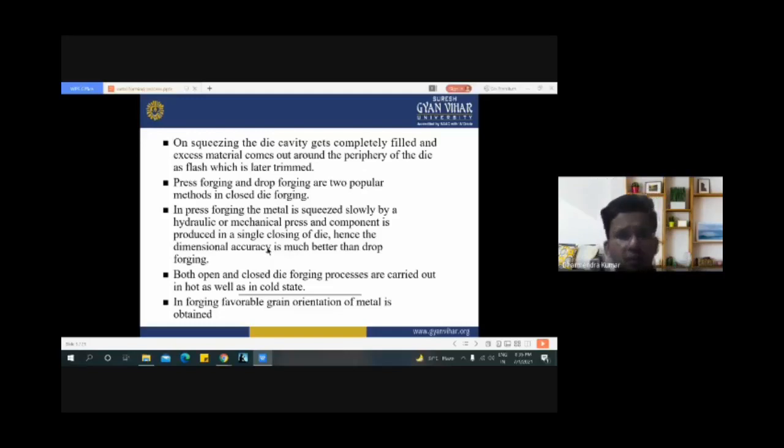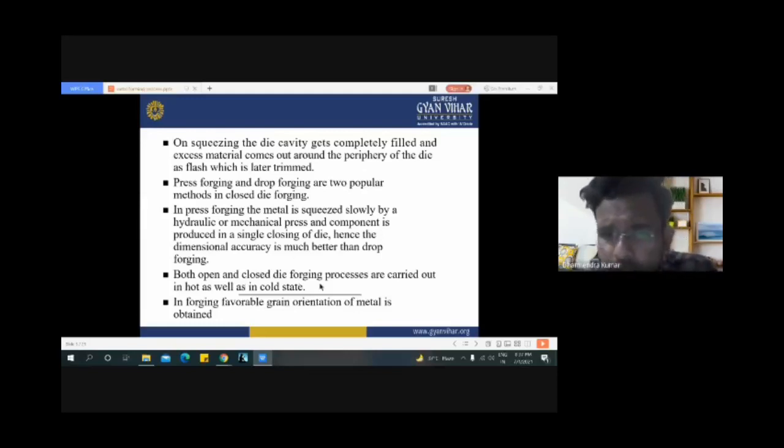In press forging, the metal is squeezed slowly by means of hydraulic force or mechanical force, and the component is produced in a single closing of the die. Here the requirement of post machining is very small, so we can say that no trimming of the workpiece is required in press forging.